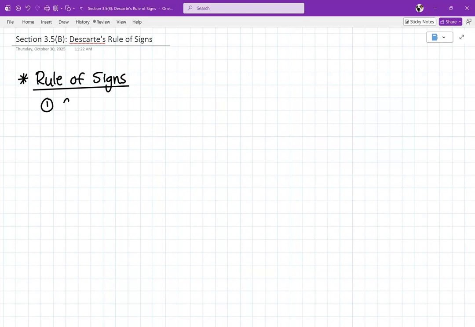So first, count the number of sign changes of f of x. Okay. Count the number of sign changes of f of x. So your real function, you're going to look to see how many times it changes signs within the problem.